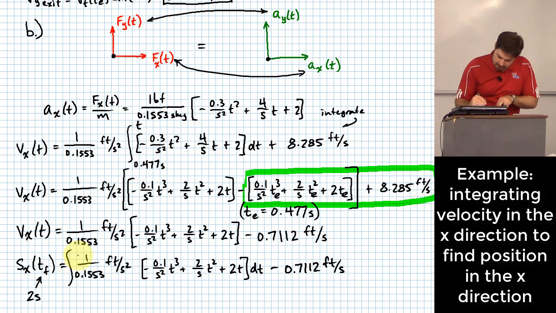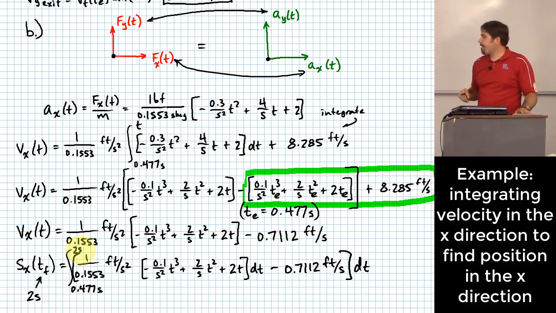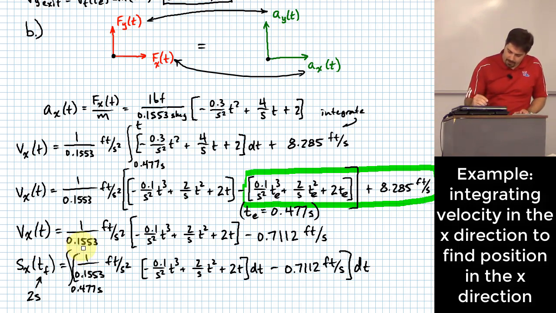So the integral would actually happen way out here, like this, and it would again be from 0.477 seconds up to 2 seconds, or t sub f. If you had a different final time, you would just put it in there. So we're going to use 2 seconds for our givens in this problem.